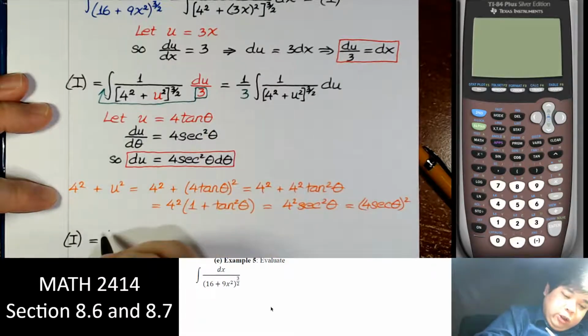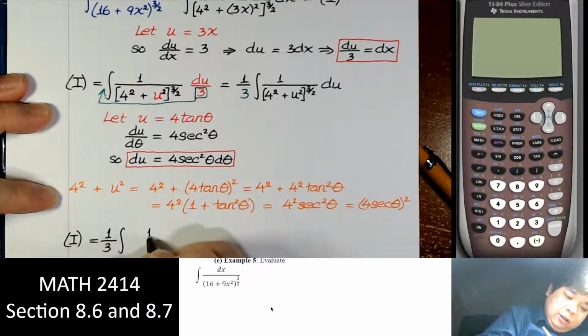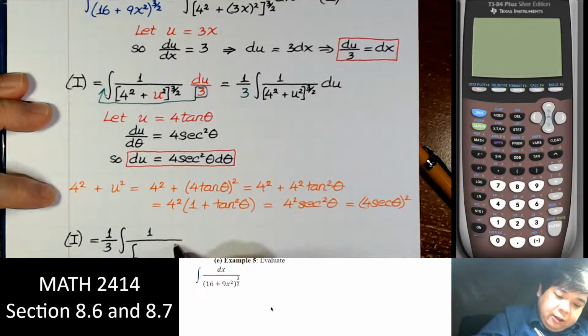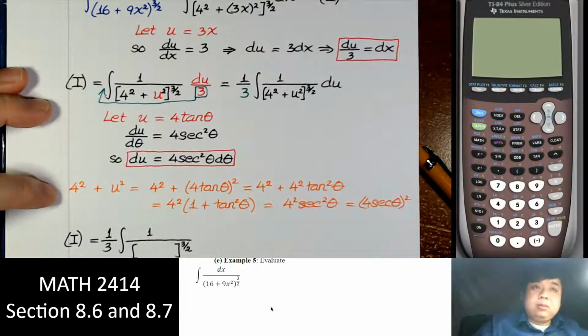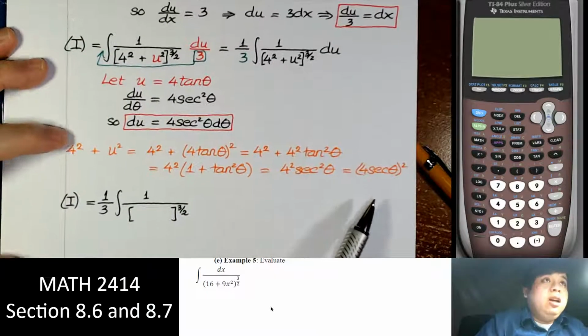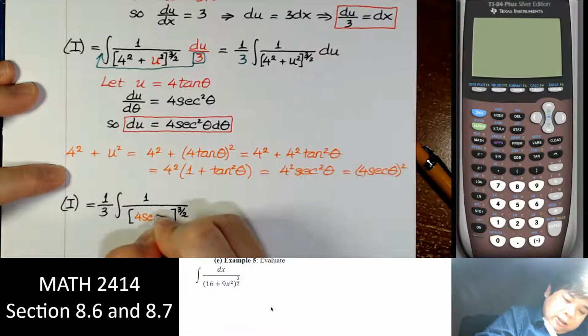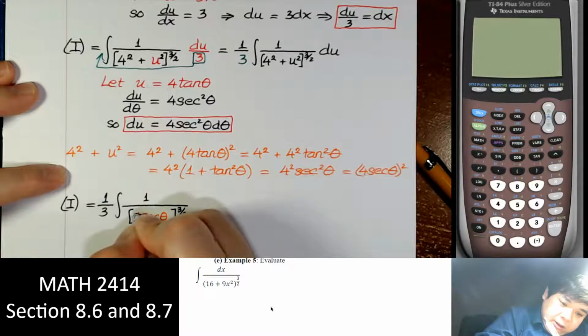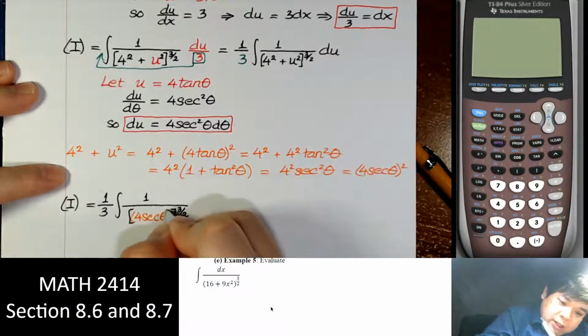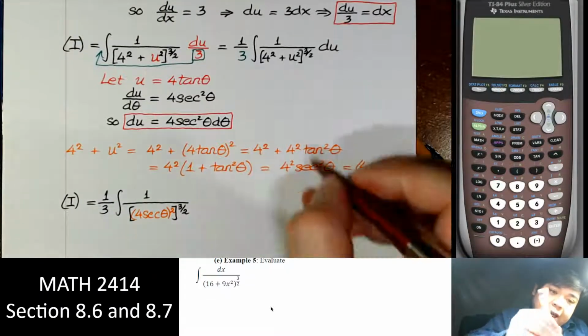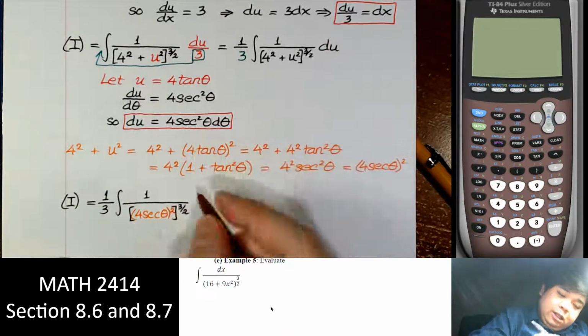Right. 1 over 3, 1 over. Right. The inside the bracket is 4 secant theta square and du is this.